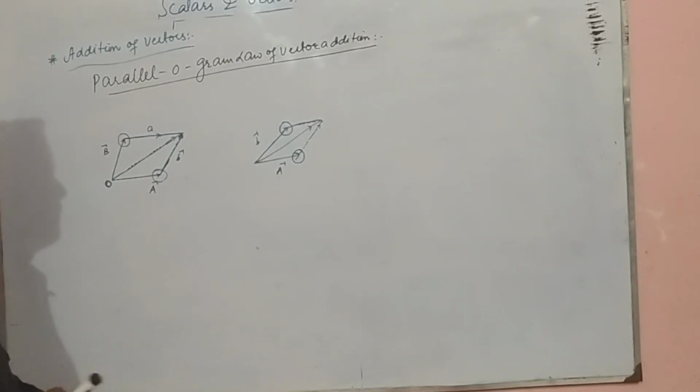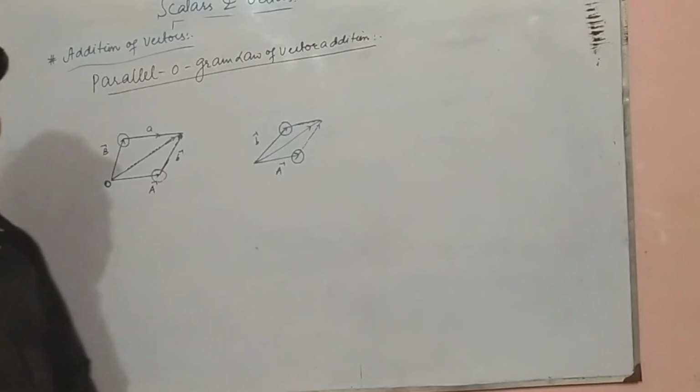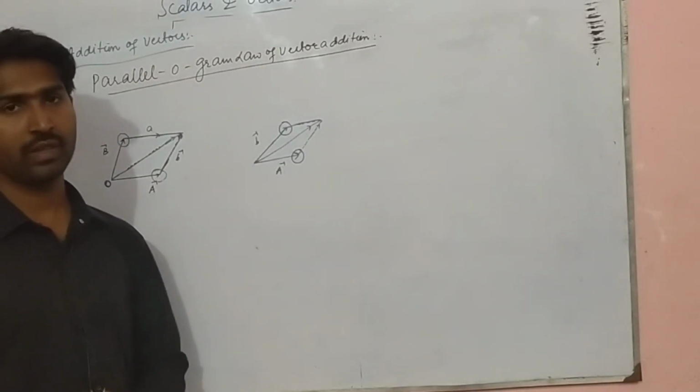The other method is the trigonometric method of vector addition.